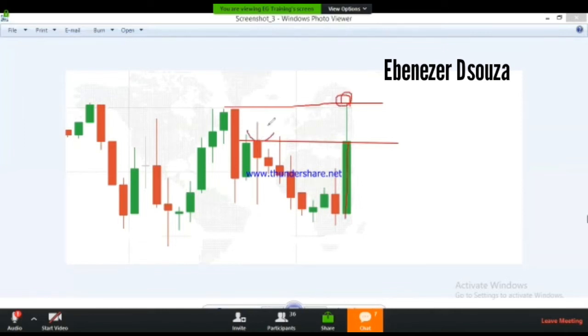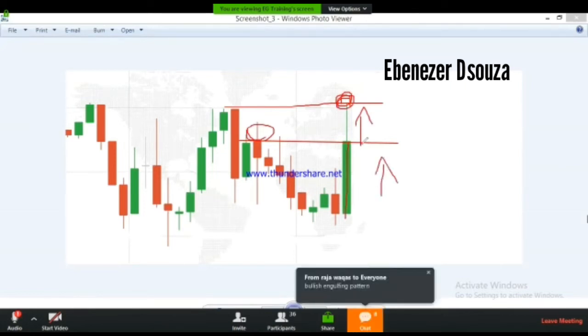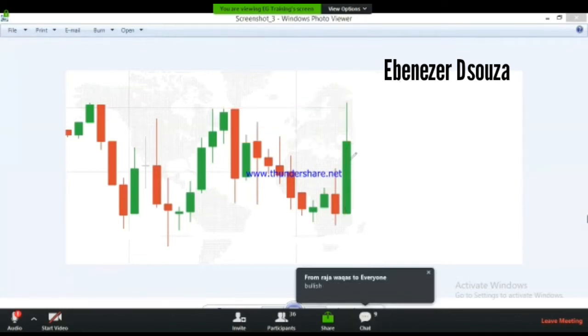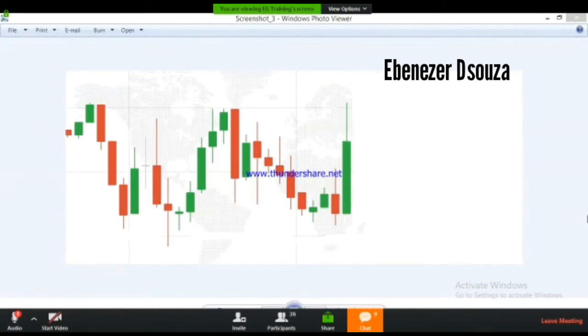Previously the sellers were here, now the sellers are here. There is a gap. So there is a chance to go up, and there is a chance to go down. So in the Indian market, if you want to place a trade, it's better to go with sellers, but with confirmation. Without confirmation, don't place your trade in this type of situation.